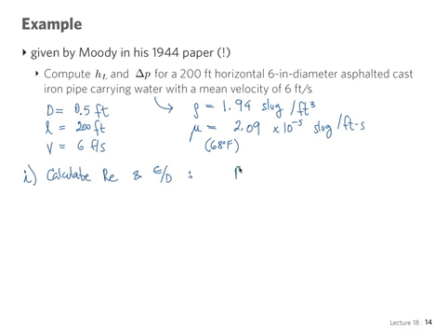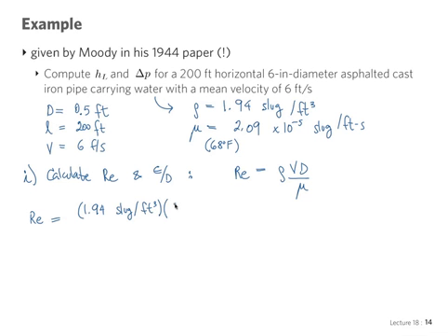So the Reynolds number is rho v d over mu, and for this we have 1.94 slug per feet cubed. I'm going to put all my units there to see that it makes sense.